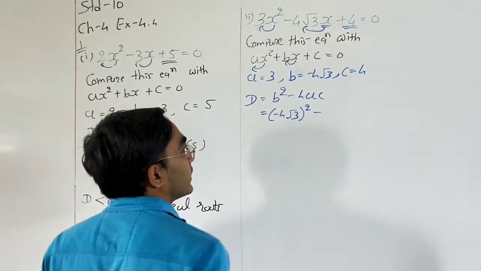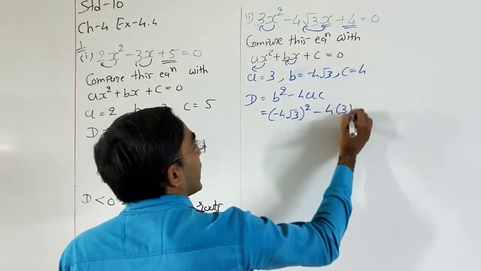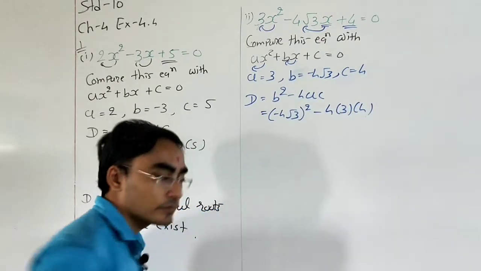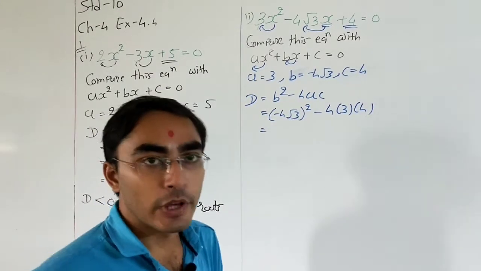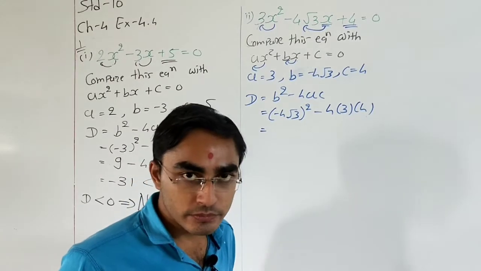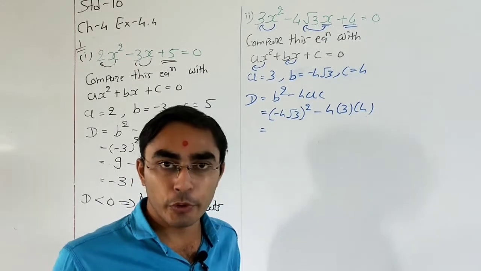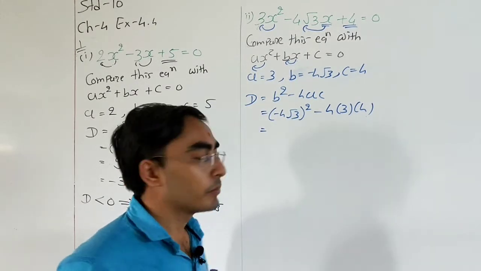Then minus 4 multiplied by a, that is 3, and c, it is 4. Now for minus 4 under root 3 all square, first of all this negative sign becomes positive, because squares are always positive.